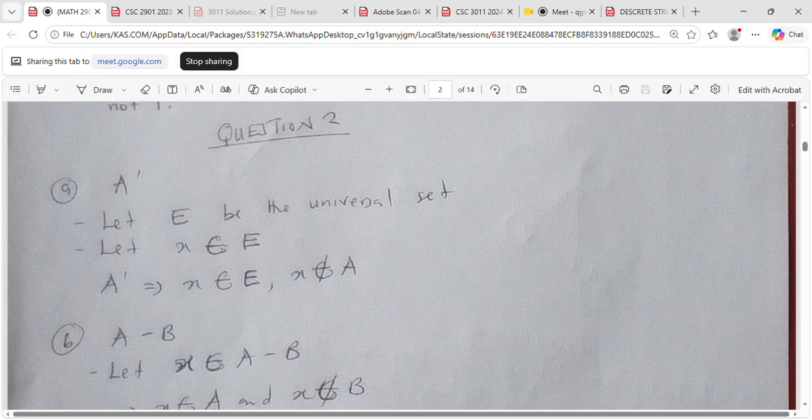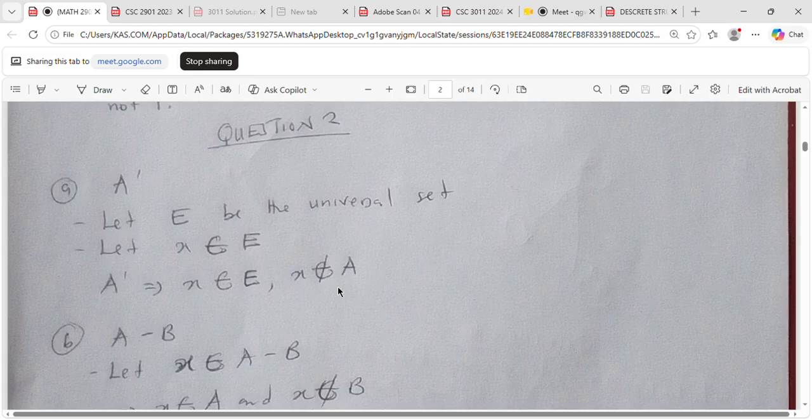I just shared another way. The other way is saying X is not a member of A, which basically means X is outside A. A is a subset of that universal set, so it will stand like this.